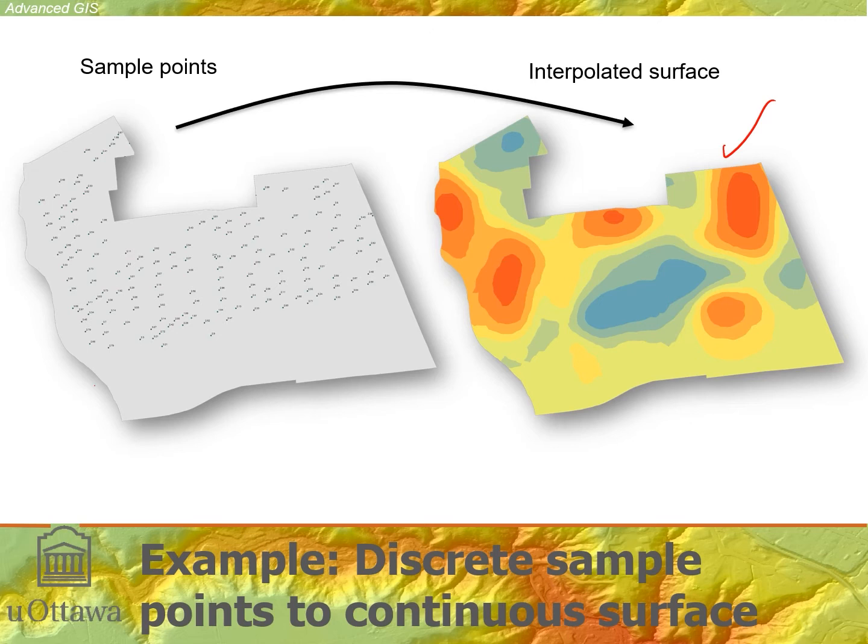Now you'll also notice that on the right-hand side, there's an area down here that also has estimates. This is extrapolation. And that's generally to be avoided when you're doing interpolation, in that with interpolation, you need to estimate values between existing sample points.